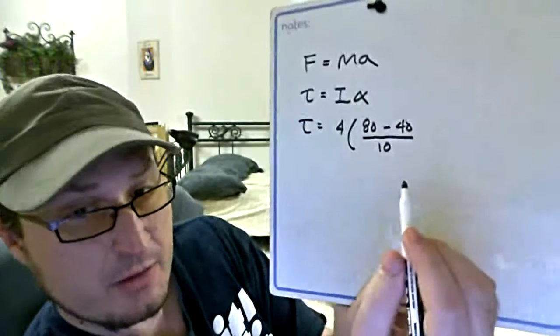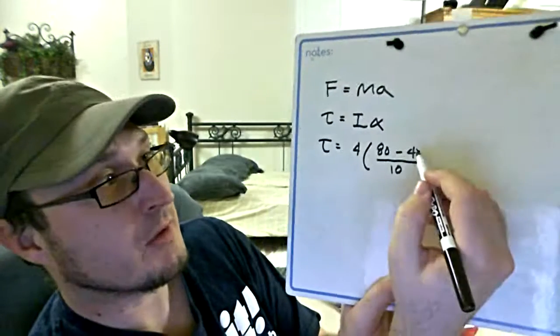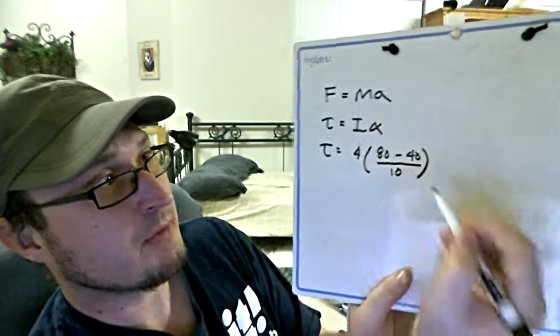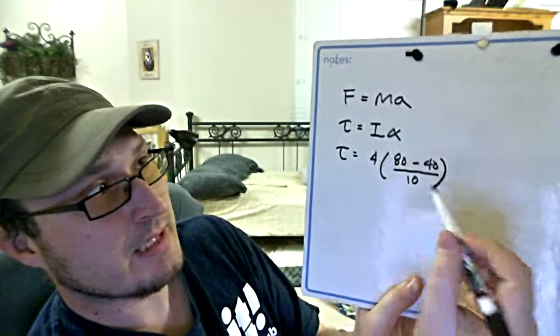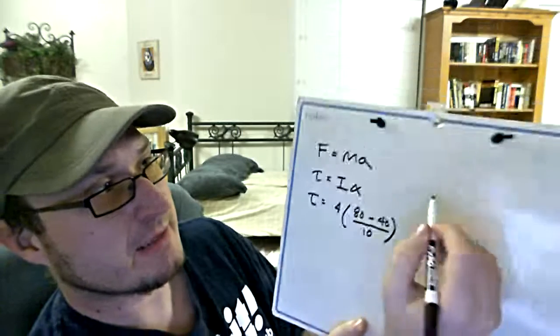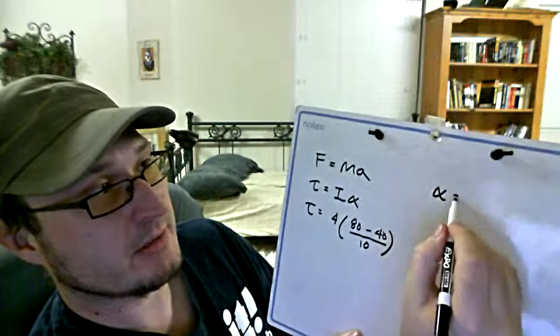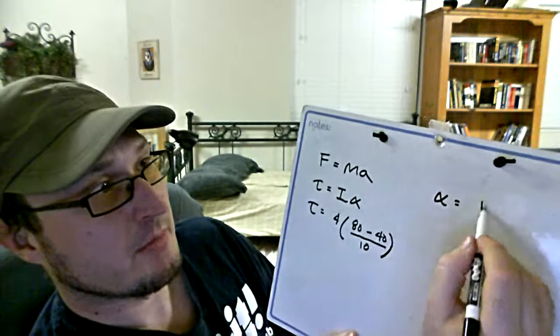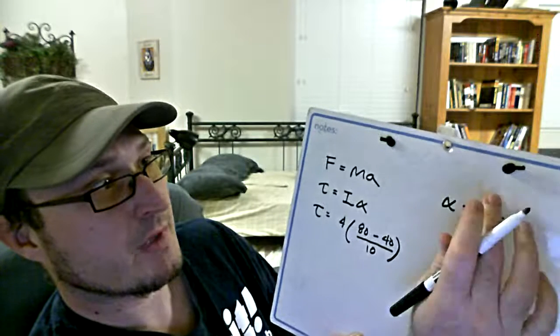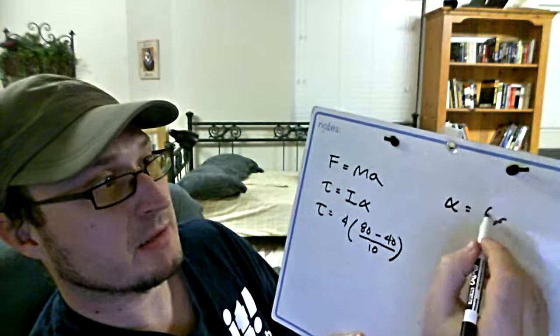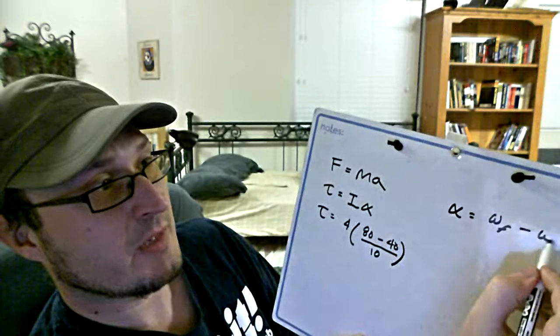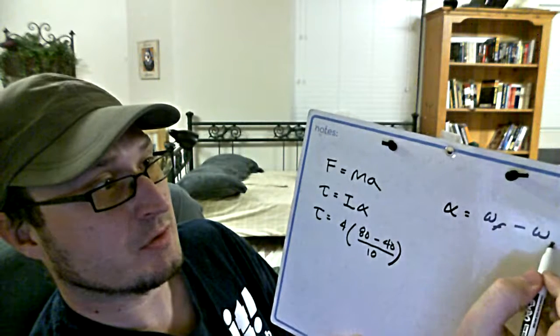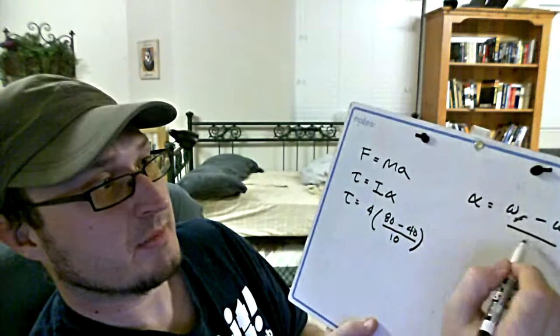I'm leaving all my units naked there, just saying what they are. But that's what an angular acceleration is. Let me write it up here just to be a little more thorough, but I want to use an omega: omega final minus omega initial, divided by delta t.